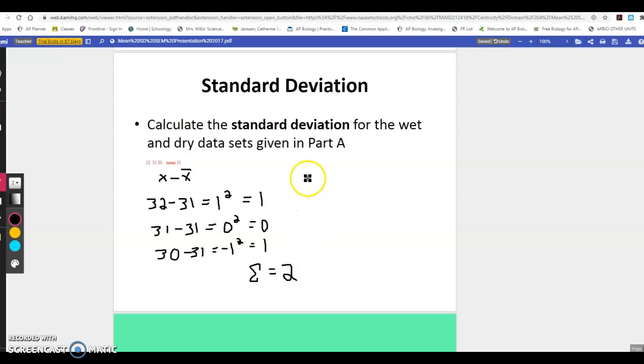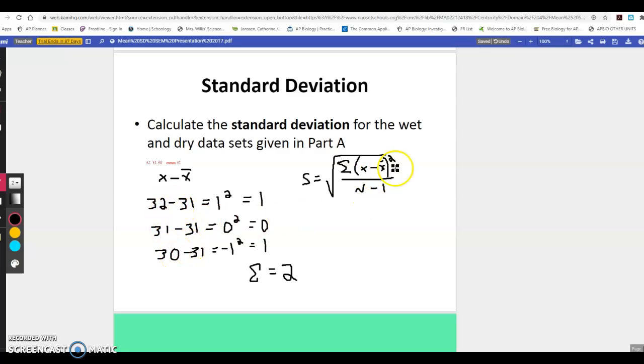And standard deviation tells us that standard deviation is equal to the square root of the sum of x minus x bar squared over n minus 1. And n is our sample size.